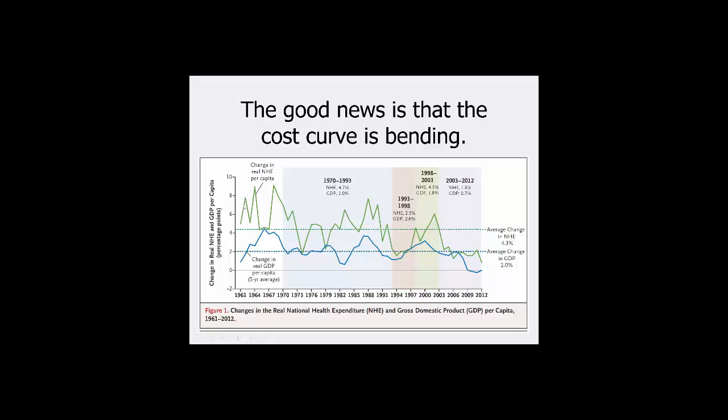Before, we would see these increases that were all above 4%. All right, so that means year over year, the amount that we were spending per individual was going up by about 4% a year. That amount has started to fall.